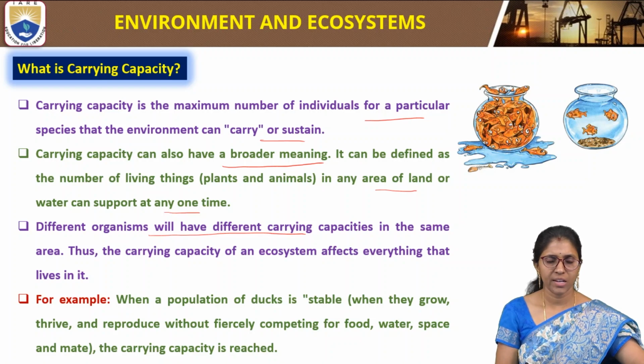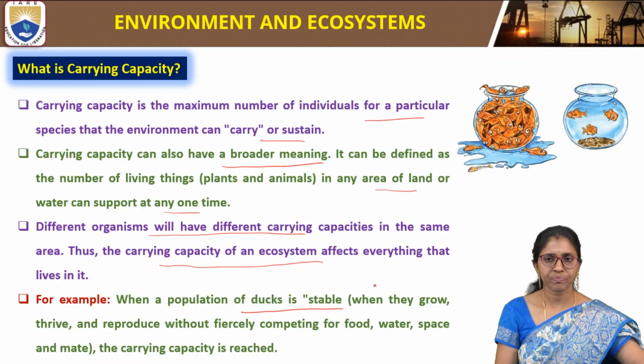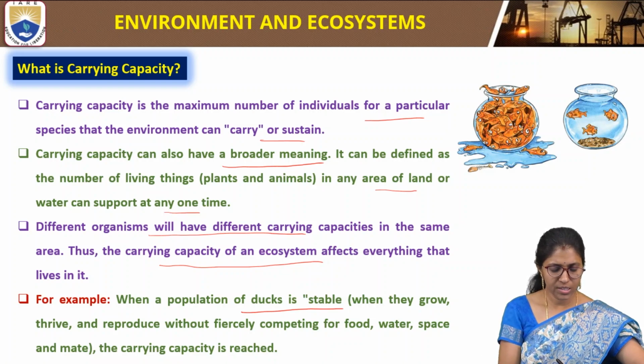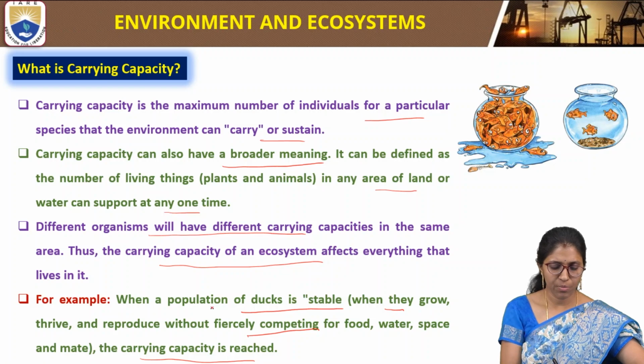So in the same area, the carrying capacity of an ecosystem affects everything that lives in it. For example, when a population of ducks is stable, the carrying capacity is reached. It means they grow, thrive and reproduce without fiercely competing for food, water, space and mates.